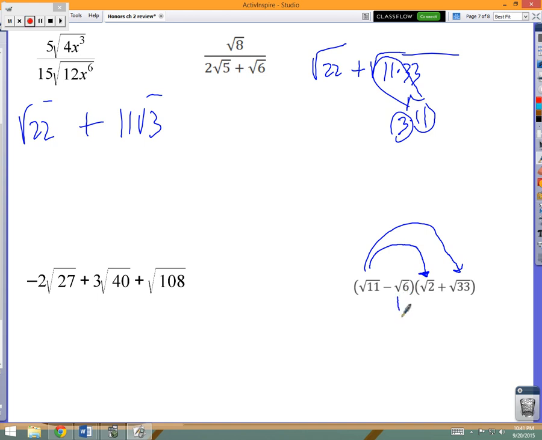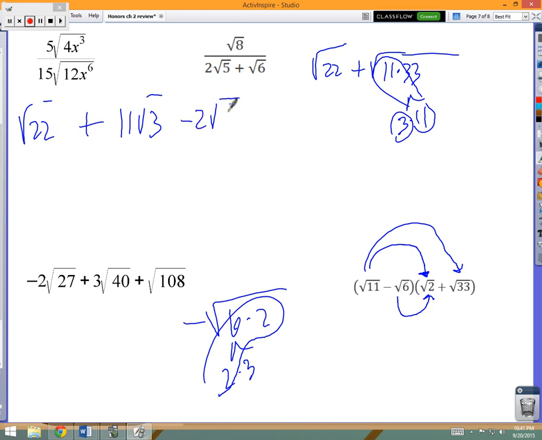Now negative 6 times 2, in 6 is a 2, so I'm going to take this 2 out. So it's going to be negative 2 square roots of 3. And then there's going to be something with 6 and 33 too. Because in 33 is a 3 and in 6 is a 3.